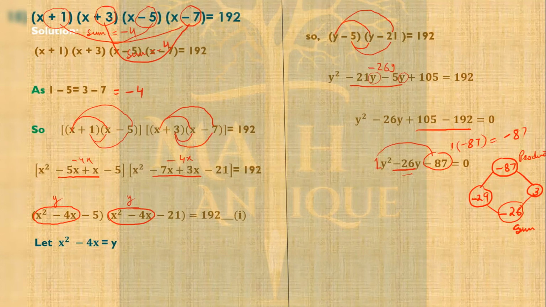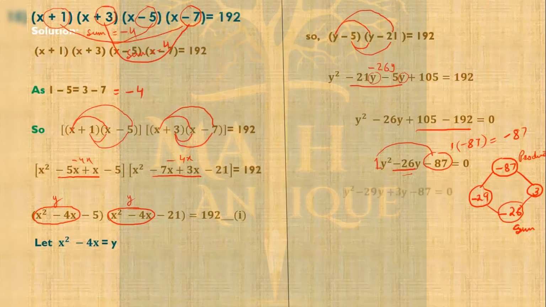This means these two, -29 and 3, are the two numbers. When we multiply them, we get the product -87, and when we add them, we get the sum -26. So we will split -26y into -29y and +3y.